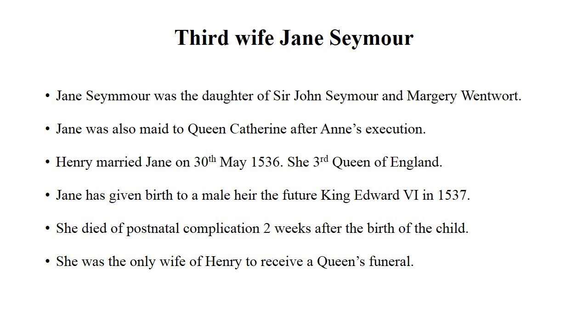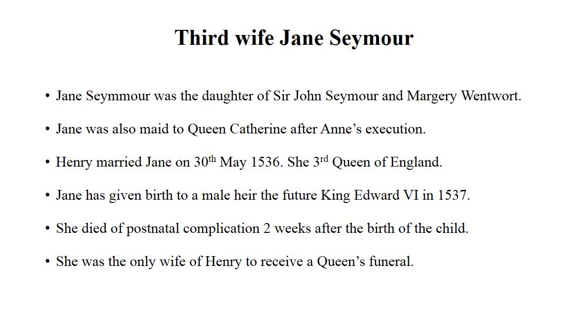There were a few things which happened during Jane Seymour's time as a wife. She was a daughter of Sir John Seymour and Margaret Wentworth. She was also a maid to Queen Catherine of Aragon.